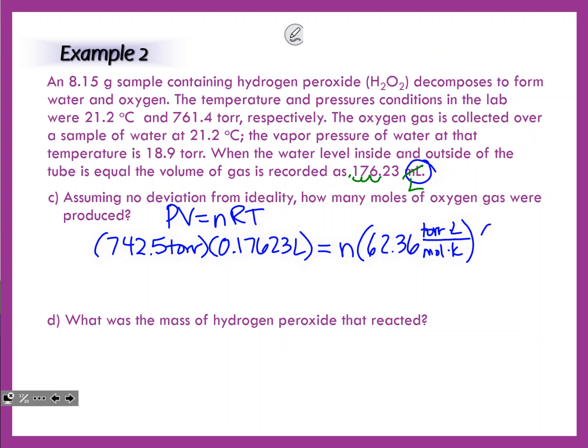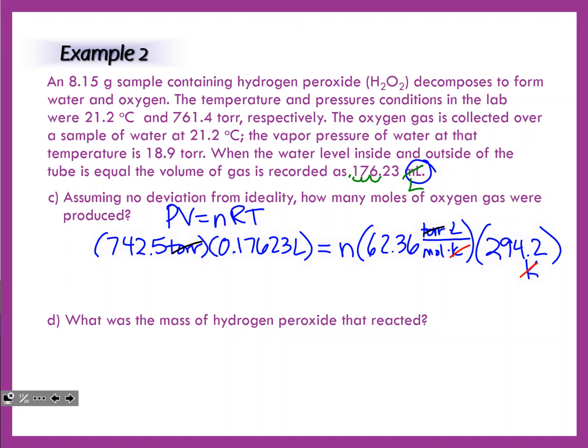Now, what's the last thing we have to do for our T? Convert to Kelvin. So 21.2 plus 273. This is going to be 294.2 K. Now, if you watch me here, I'll show you how they cancel. K's cancel with K. The torrs cancel with the torrs.